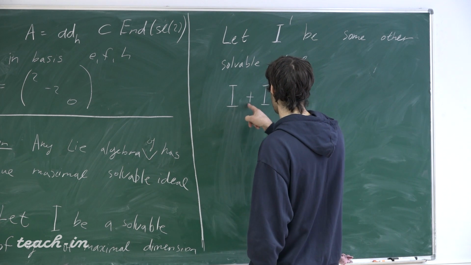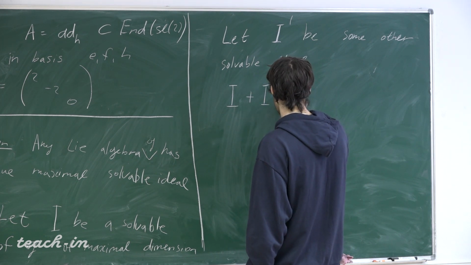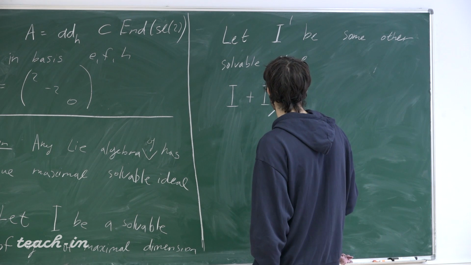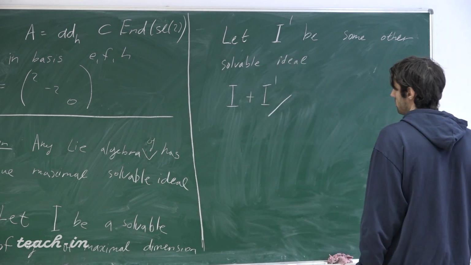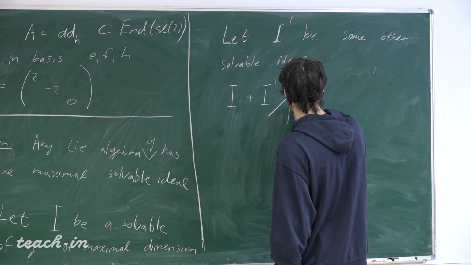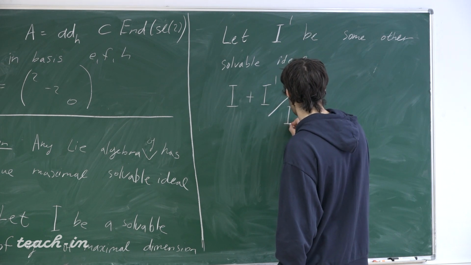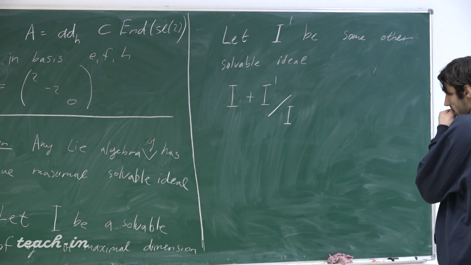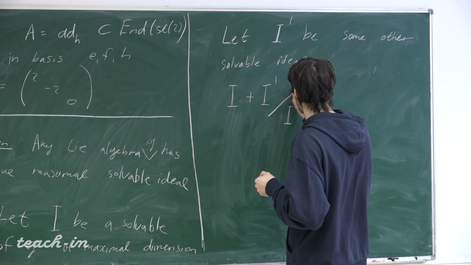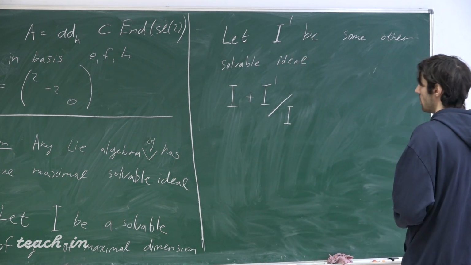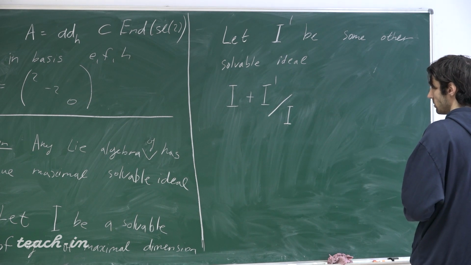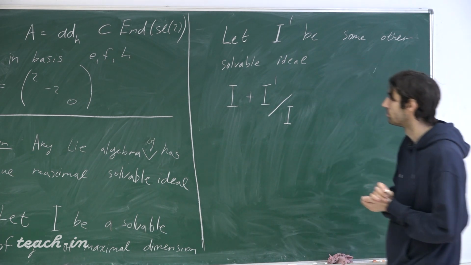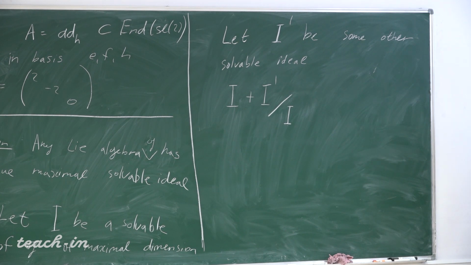So let me take I plus I prime and quotient it by I. Question? Why don't we just obtain I prime?